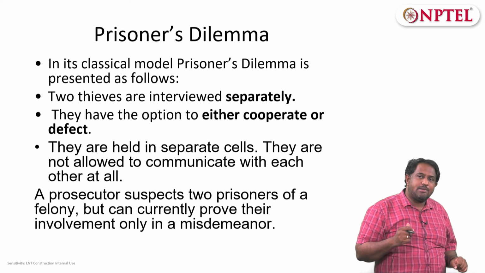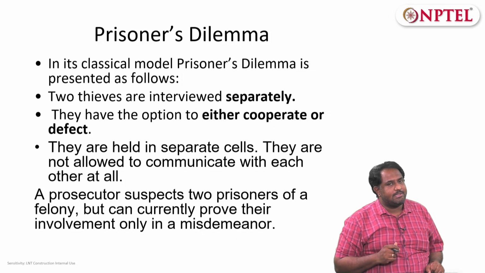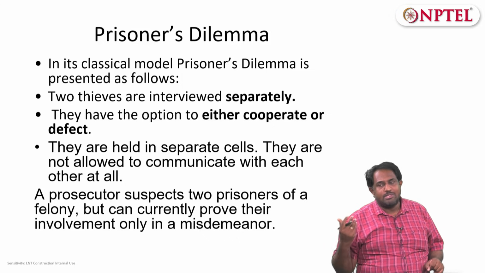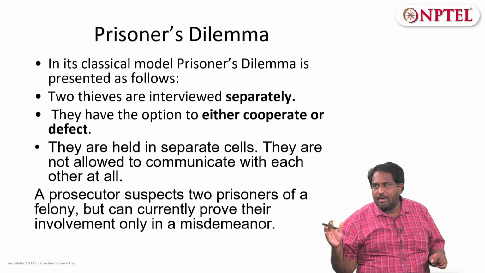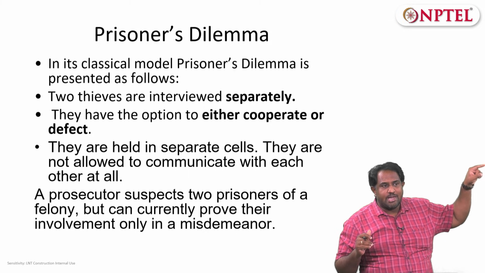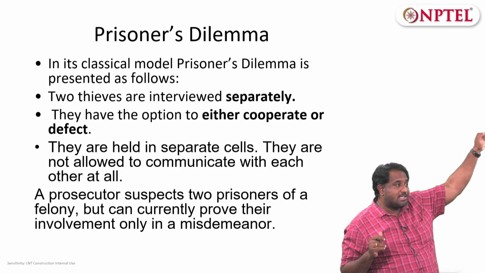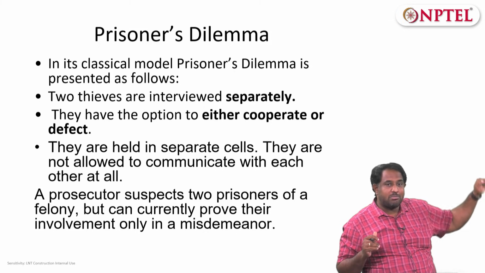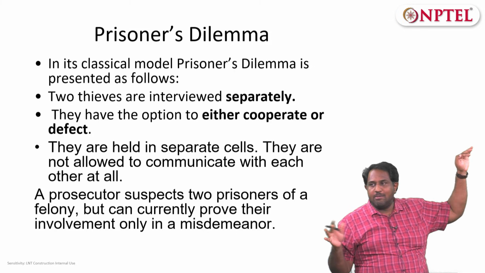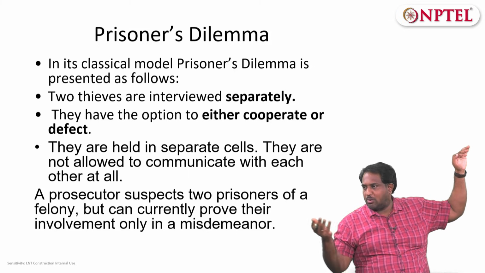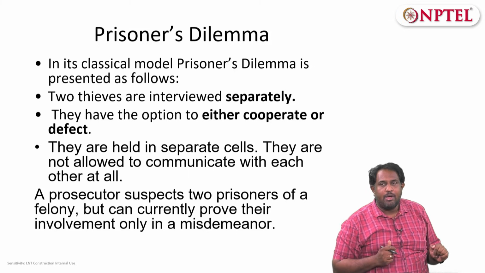The other is wherein one of them decides that he would say, well, I was not involved, the other guy was involved, in which case the other guy is going to get the highest punishment, right? Not the second punishment, but the highest punishment, because he himself has not told the prosecutor that he was involved.